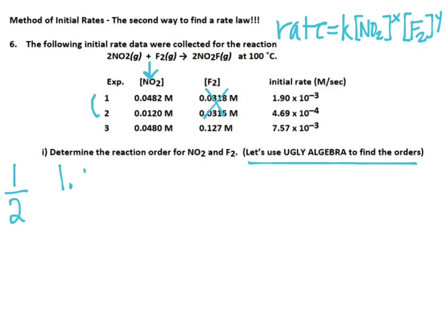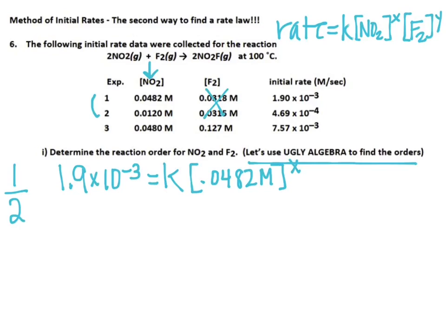So we know the rate, 1.9 times 10 to the minus 3, is equal to k, we don't know what k is, times the concentration of NO2, which is 0.0482 molar, to the x power, times the concentration of F2, which is 0.0318 molar, to the y power.